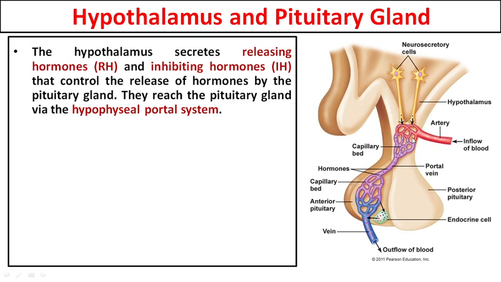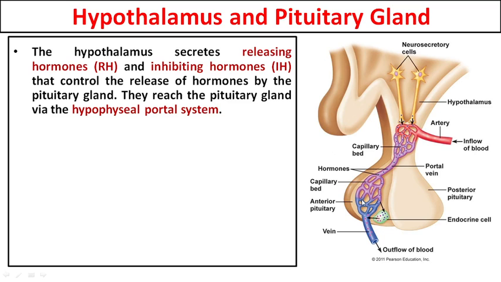They should not be roaming around in the whole body. So just so they do not get diluted in your whole blood, this portal system is developed. Directly from the hypothalamus, the blood will carry this hormone to your pituitary. So this is a short distance transport.